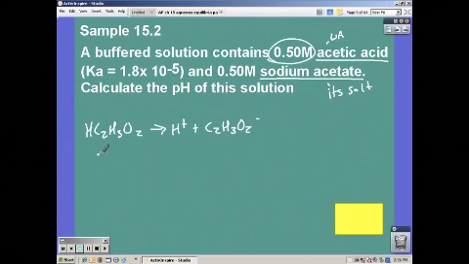We have 0.5 acetic acid, and we have 0.5 sodium acetate. The key with the buffer is you always have a reactant and a product. Okay, your salt's always going to dissociate 100%, giving us a 0.5 molarity.